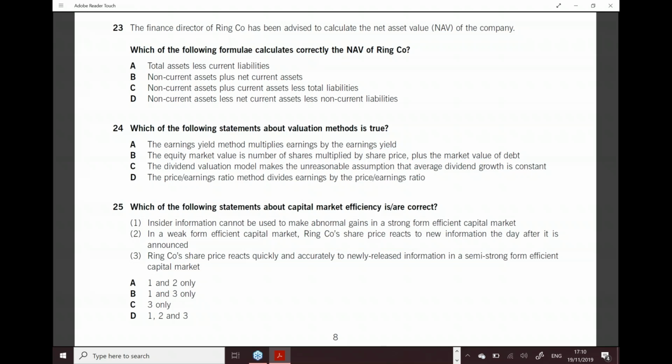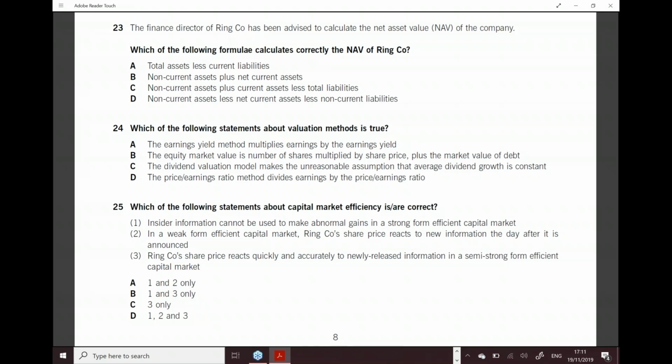In a weak form efficient capital market, a company's share price reacts to new information the day after it is announced. No, weak form markets are about the ability to make above average returns by using historical information and past patterns and trends. So that doesn't make sense. C says companies' share prices react quickly and accurately to newly released information.